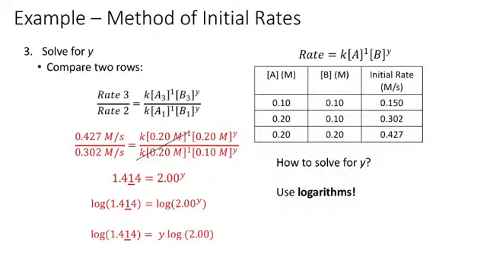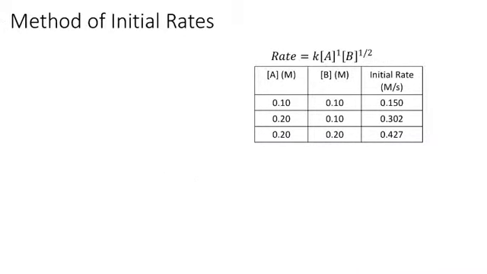So we have log of 1.414 equals y times log of 2. We can divide log of 1.414 by log of 2 in our calculator, and if we do, we will get for y 0.5 or 1/2. In other words, the reaction is first order with respect to A and half order with respect to B.